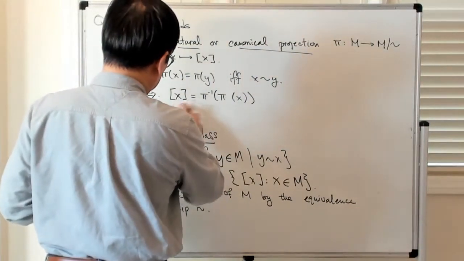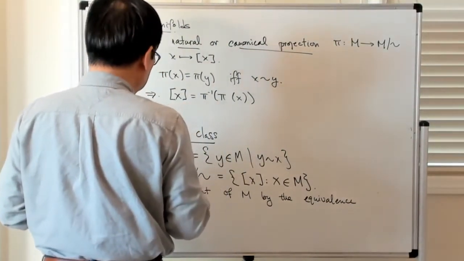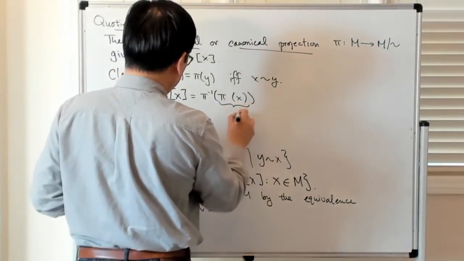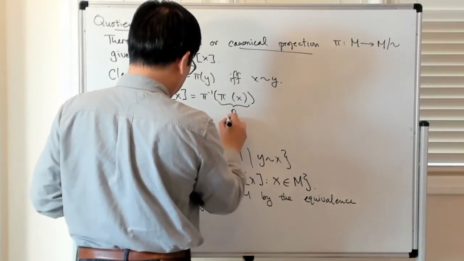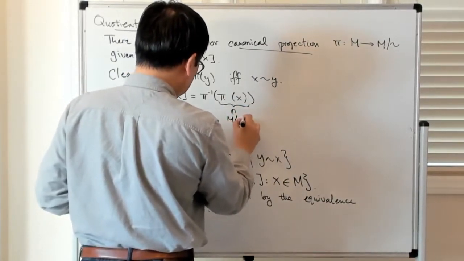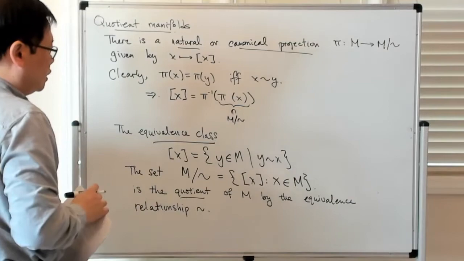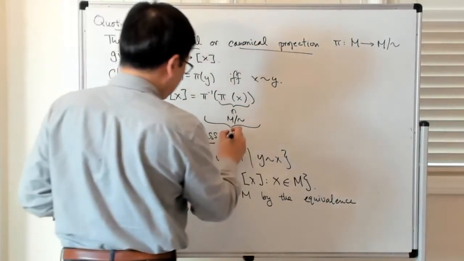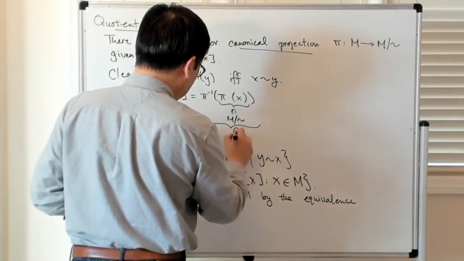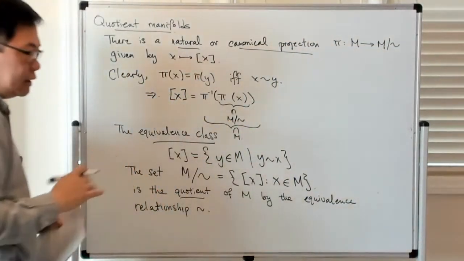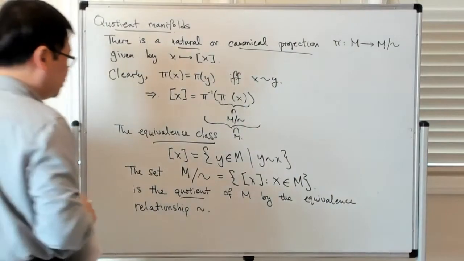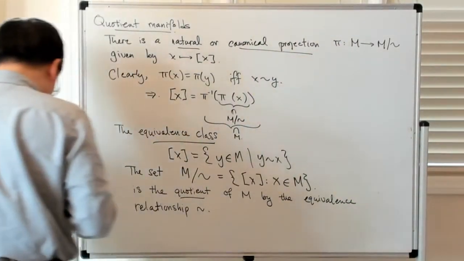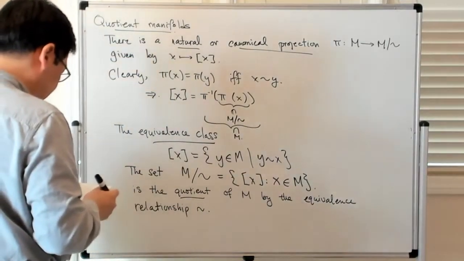You might think that seems a little bit redundant, but I would like to think of pi of X as an element of M quotiented by the equivalence relationship, while the preimage is a subset of M. So there's a slight conceptual distinction between the two. Anyhow, that's just a bit of terminology.